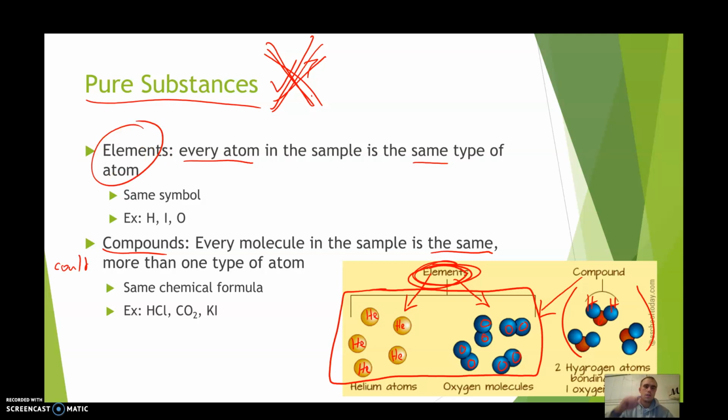I can't go up to the periodic table on my wall in the classroom, or on a periodic table that you search up on Google. If you do that, you don't find water. Okay? You don't find H2O together. You find H and you find O, and they're separated. So that tells you that it's not an element. It's got to be a compound.